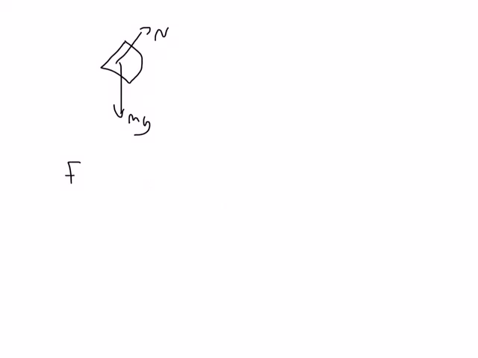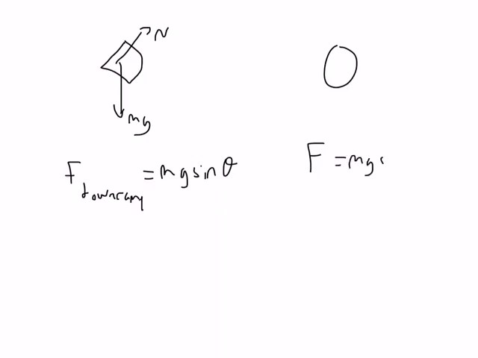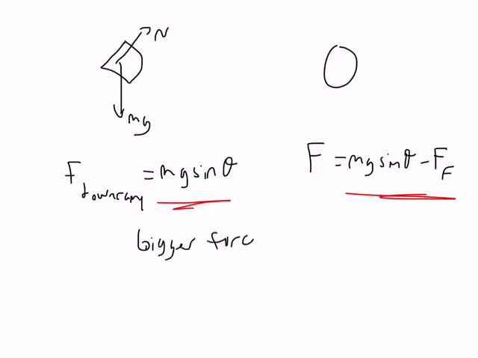So the F in the down ramp direction is mg sine theta here, and for the wheel it's mg sine theta minus F_f. So their masses are the same. So this one, right, this is a bigger net force than that. Bigger force for the block.